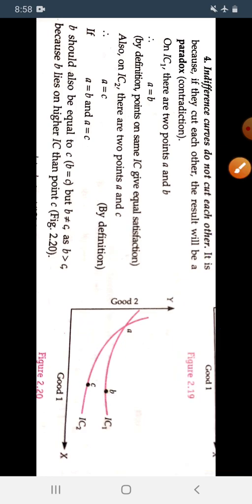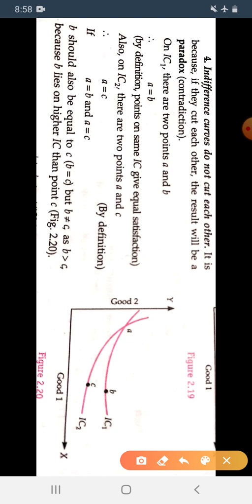We have studied that indifference curves will never intersect each other, and on the same IC curve the consumer will get the maximum satisfaction from whatever bundle of goods. So in that condition, what is happening?